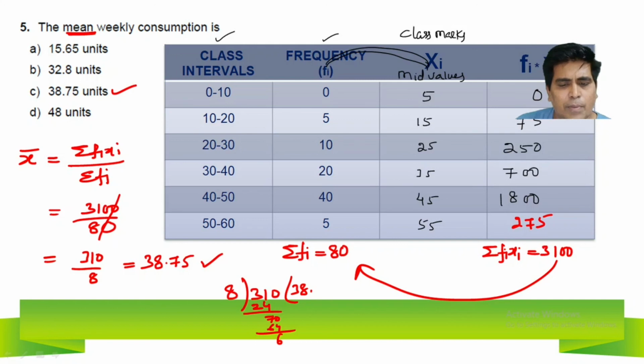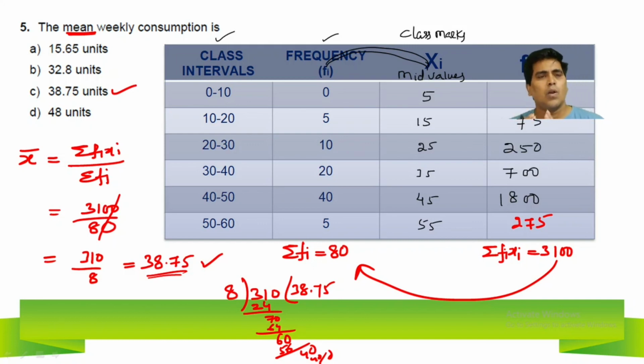If I take the decimal point, 60 here, and it goes by 7, 56. So 4 is left out, I can put 0. So 8 5s are 40. So 38.75 units is the average consumption for colony B. So this is a very simple question.